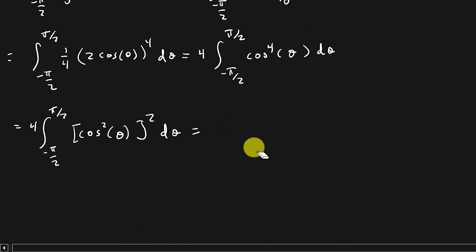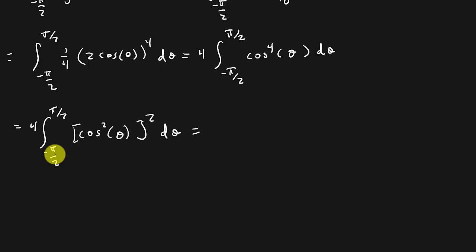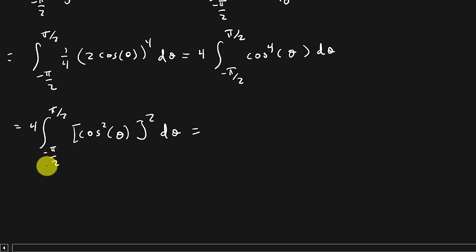Is it going to make it easier? I don't know. It might, but I won't have to deal with pi over 2 and negative pi over 2. I can deal with 0 down here. That's something you might want to consider if you've got something symmetrical like that: make the limit 0 if you can.